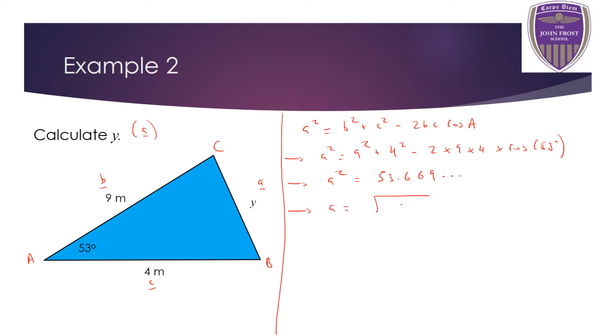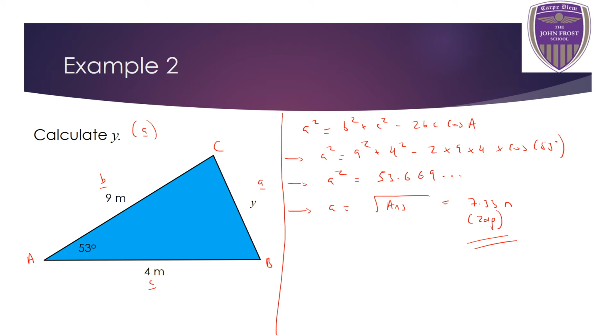Take the square root. See what you get. I get 7.33 meters to 2 dp. Easy peasy.